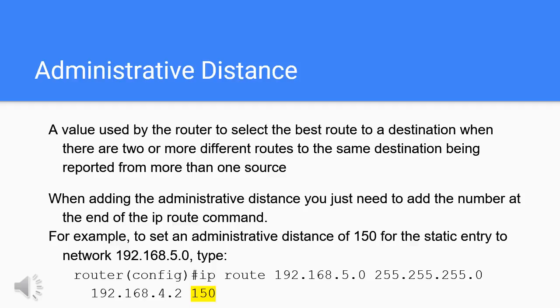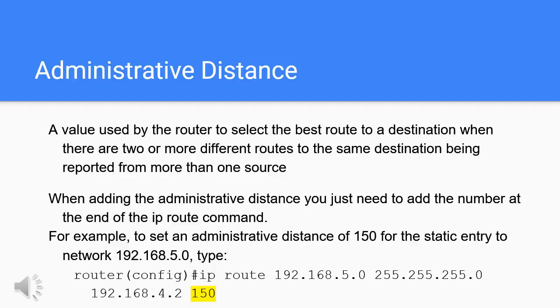When you are adding it in the router, all you have to do is, when you enter the IP route command, after you type in your destination route and its subnet mask, add the number at the very end. If you don't do that, it automatically sets it to 1, the default administrative distance.